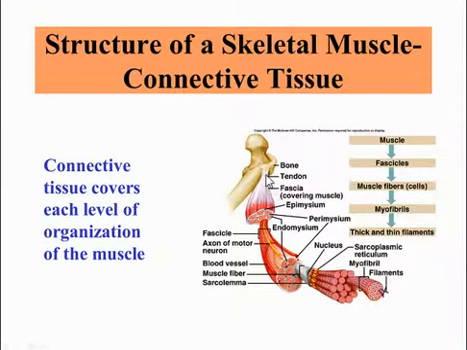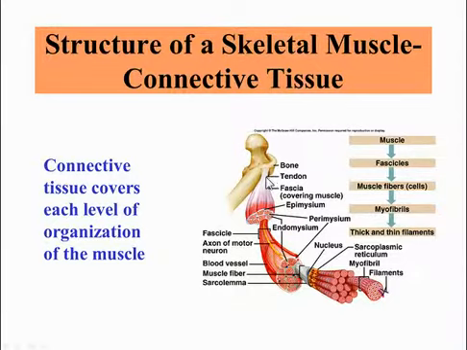Tendon is a connective tissue that attaches muscle to bone, and that tendon actually weaves into the periosteum of that bone. So if you had this tendon tear away from the bone, it's probably going to bring some bone with it because it's fused to the periosteum of that bone.